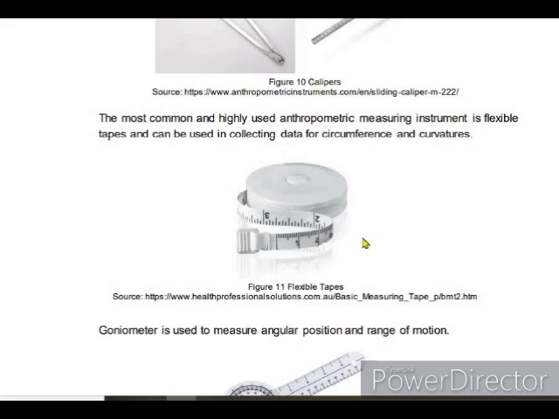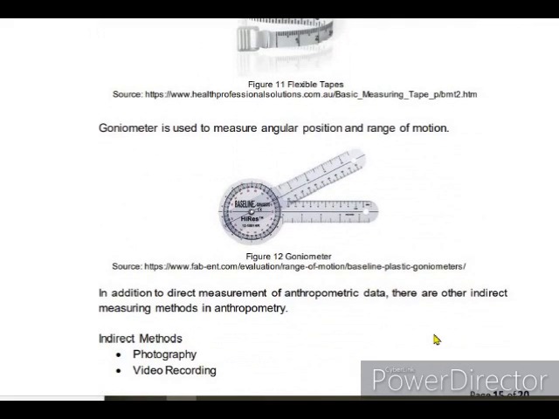So if your parents have one of these that they use for sewing your clothes, you can borrow the flexible tape. Next, the goniometer is used to measure angular position and range of motion. It is a two-ruler device that moves 360 degrees, so it is used to measure the angular position.